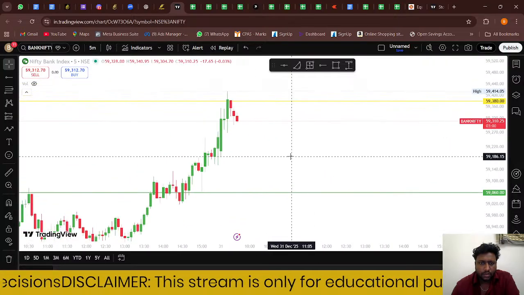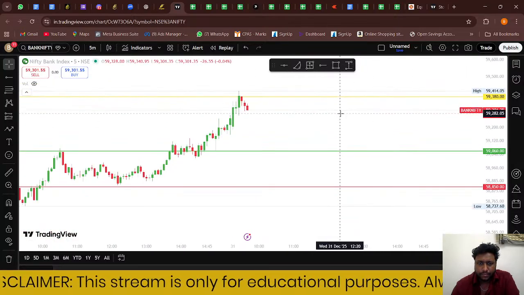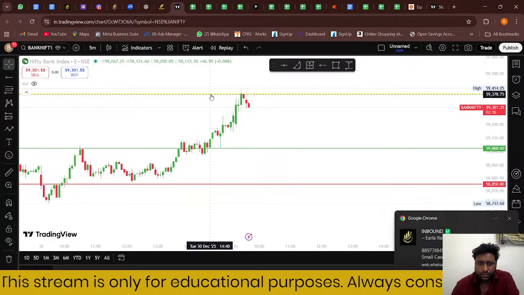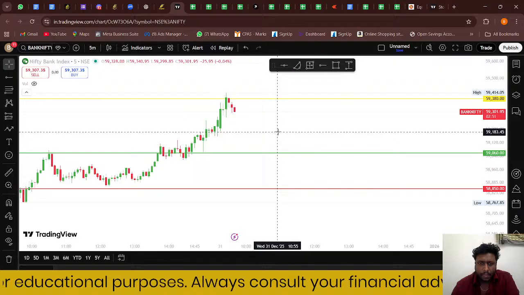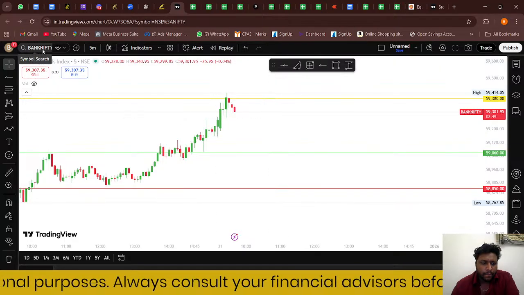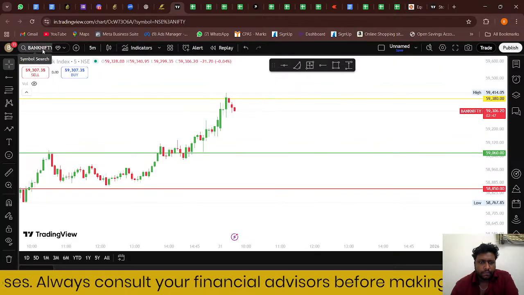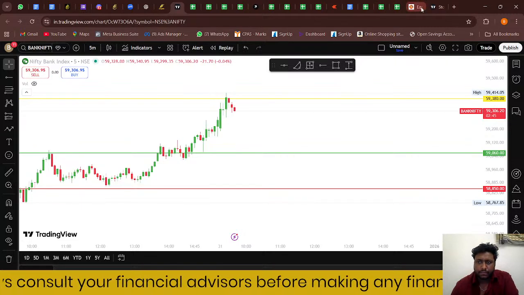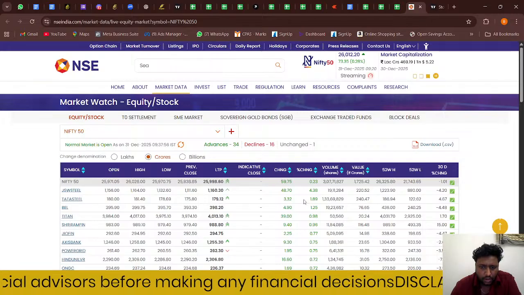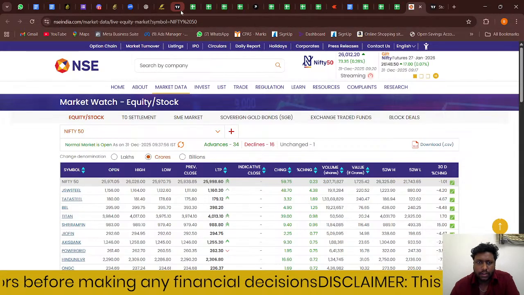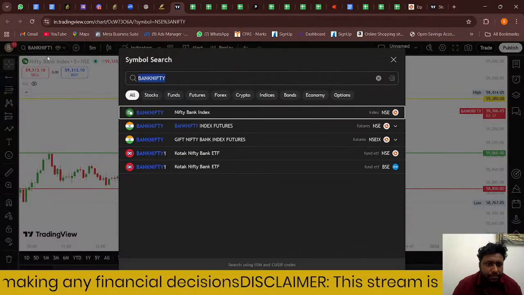Bank Nifty is also reversing back. Steel is up almost 2%. We'll look at Tata Steel as well.